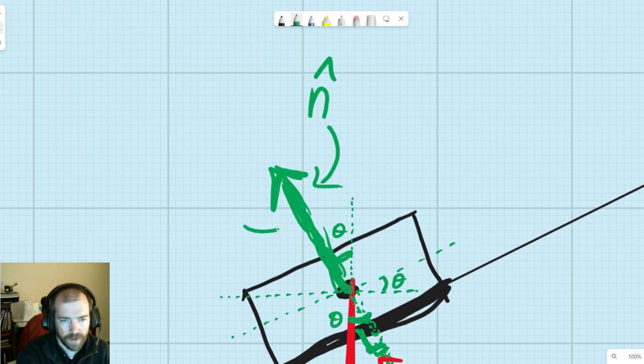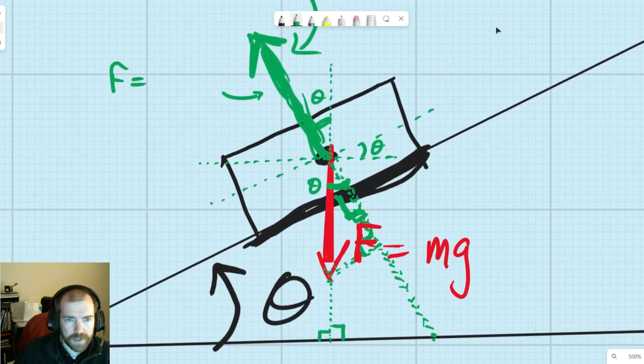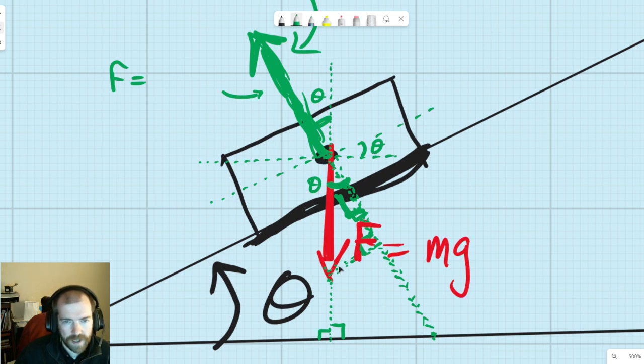Okay. This thing here ends up having force equal to. This is where it gets a little fun, right? So the size of this has to be counteracted by the size of this. But the problem is that it's at an angle to each other.